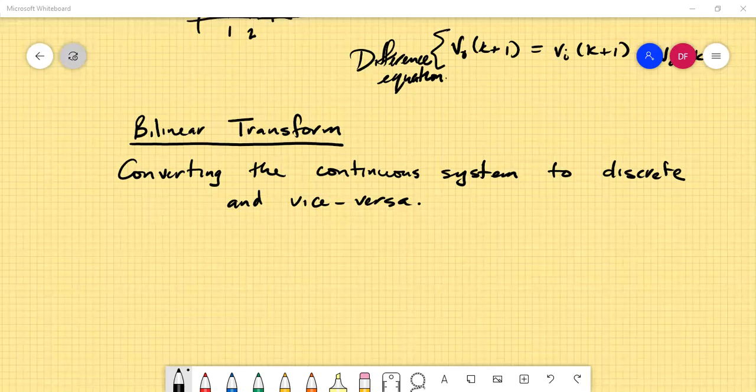I cannot be held responsible for understanding what I am saying about the mathematics. So let me go, let me use the board.